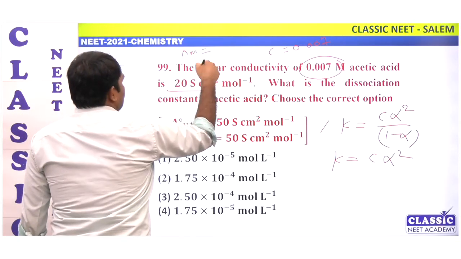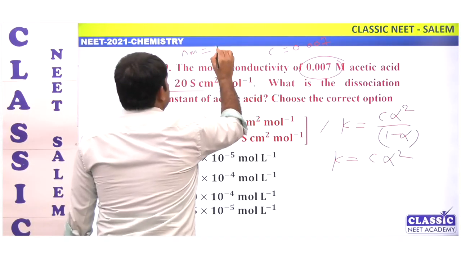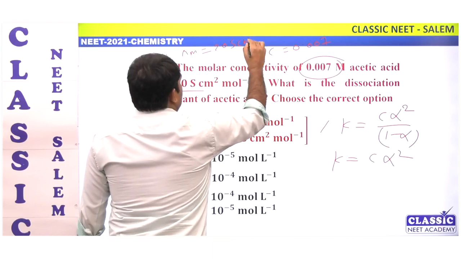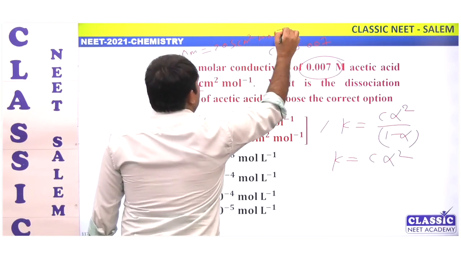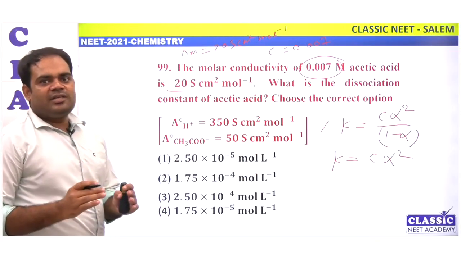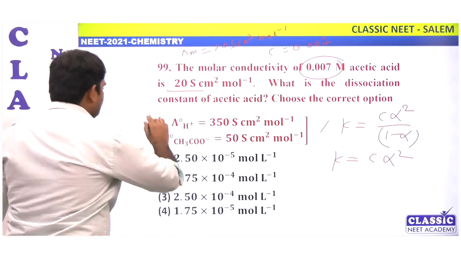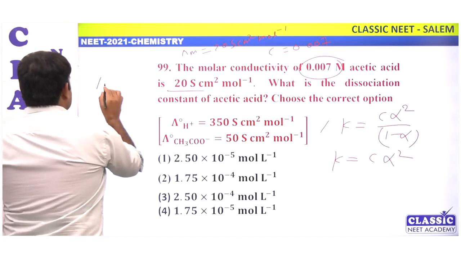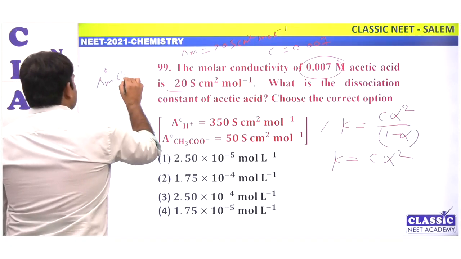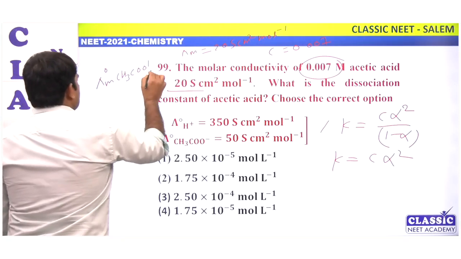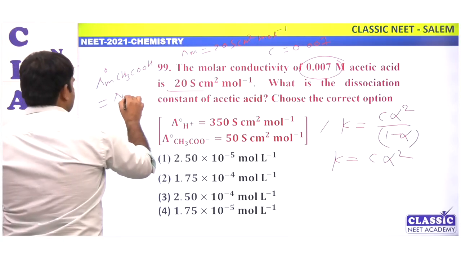The molar conductivity is given here, that is 20 Siemens centimeter square mole inverse. We have to find out the limiting molar conductivity. For that, how can we find it? So lambda m naught for acetic acid: we can add all these values.